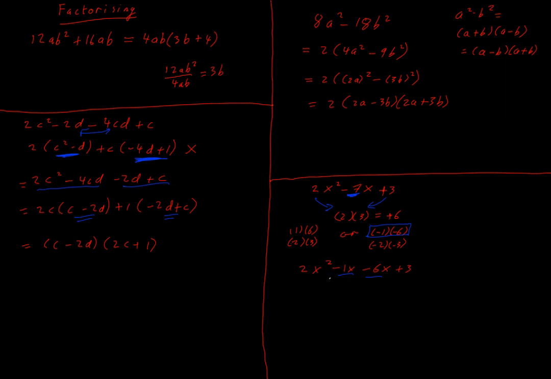And now that I've done that, I'm in a position where I'm going to look for what's common to the first two terms and what's common to the second two terms. So what's common to the first two is x. So I end up with 2x minus 1. What's common to the second two is obviously 3. But if I'm being clever, if I take out plus 3, I'd end up with minus 2x plus 1, which isn't what I want.